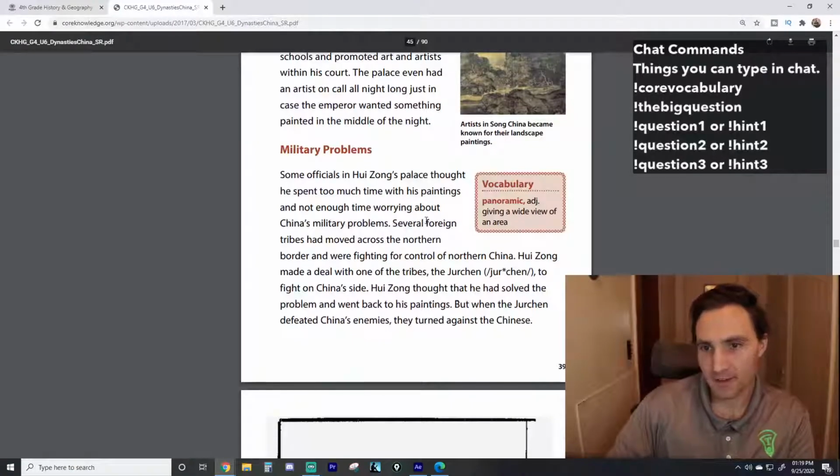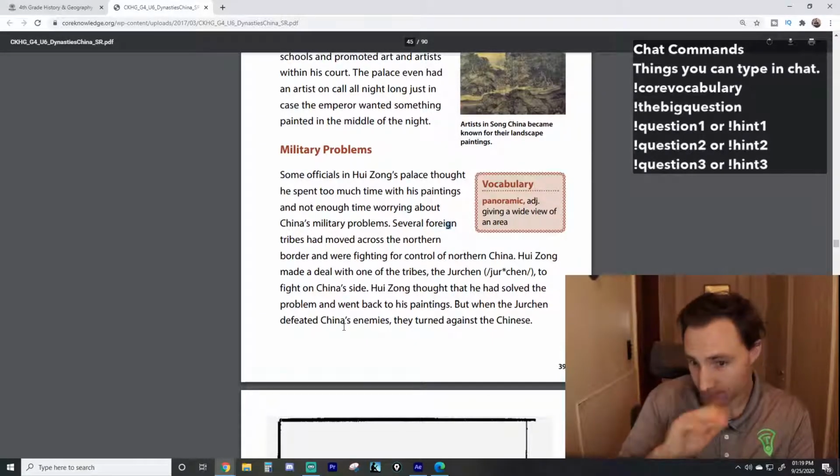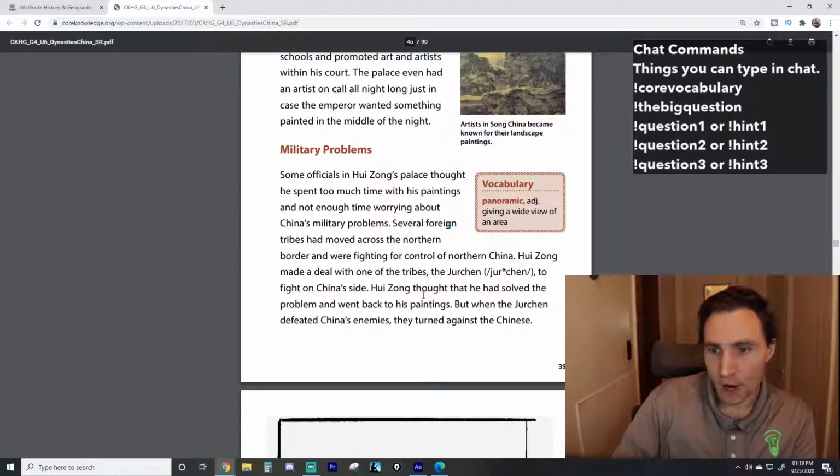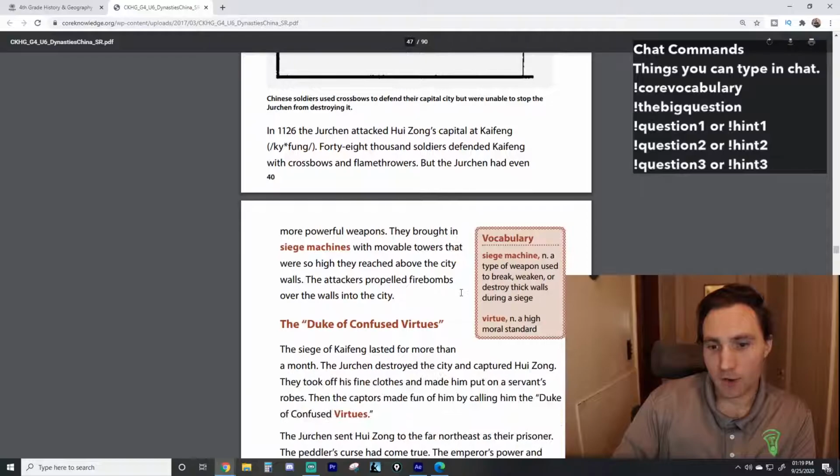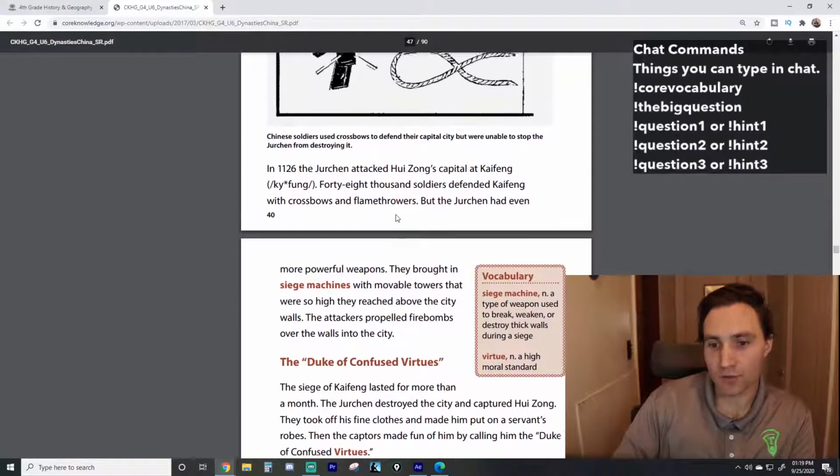So here's the word foreign, and you just put ERS at the end of this. One of our key vocabulary words from previous chapter. Foreigners. They overthrew Huizhong. They took the capital city and overthrew the emperor Huizhong.